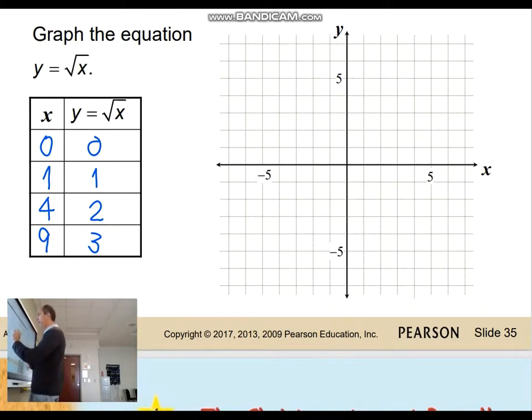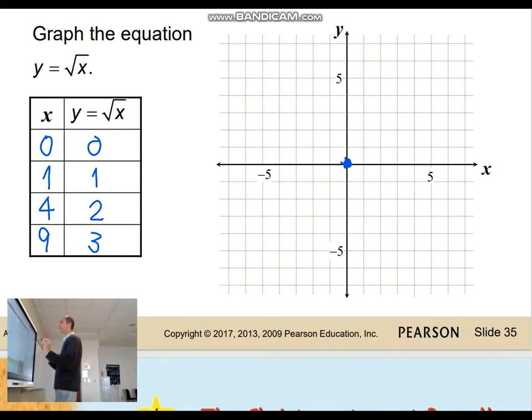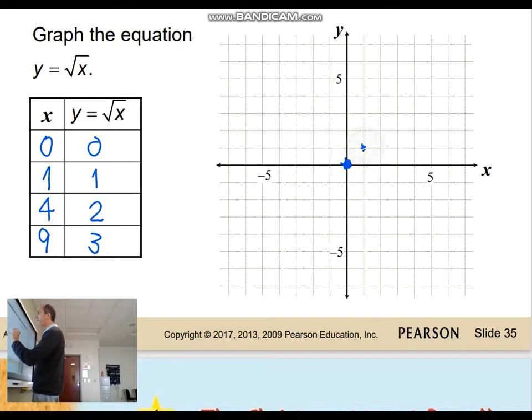We can graph here on the rectangular coordinate system. 0, 0, 1 and 1. 4 and 2: 1, 2, 3, 4, and 2 is here, and 9 and 3.